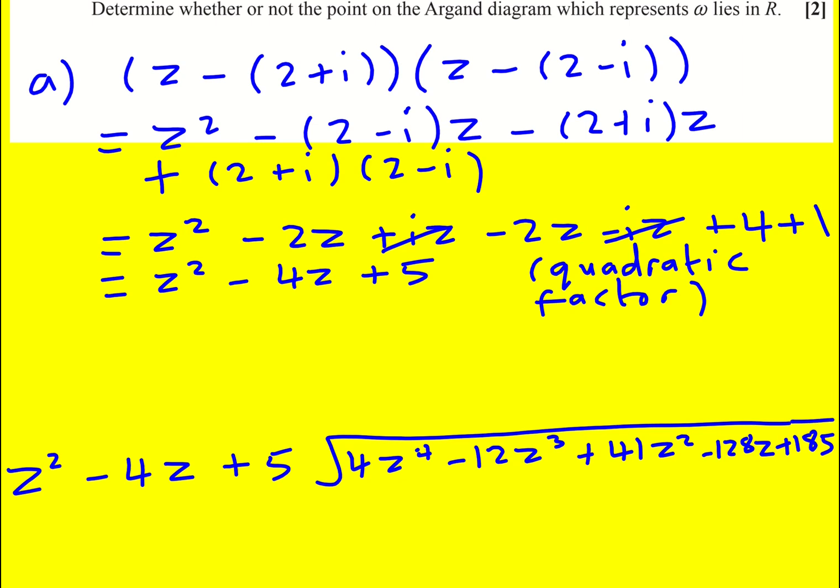Right. z squared into 4z to the 4 is going to give me 4z squared. I like to write it above the column that goes with that. I'm not going into detail on how you do this, but this is the process, and you multiply back through. Minus 4z times this is going to be minus 16z cubed. 5 times 4z squared is going to be plus 20z squared.